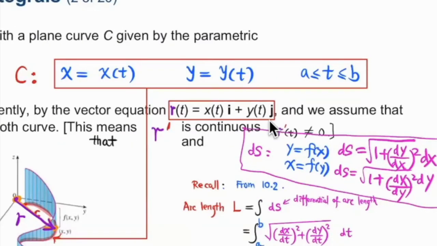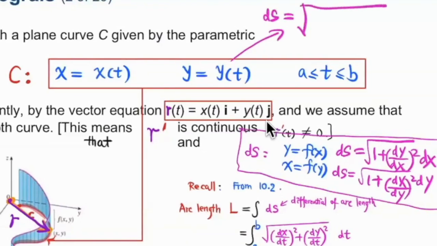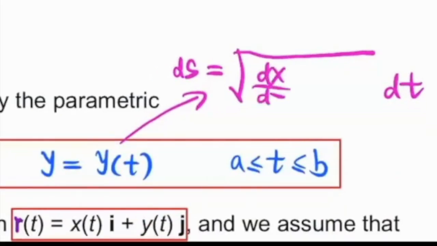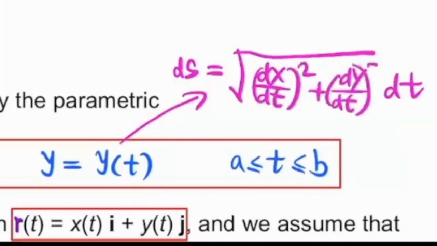And when it's a parametric equation, when you are given that x is a function of t and y is a function of t, then ds over here is going to be equal to, this time we put the dt outside, and then dx dt squared plus dy dt squared under the square root. It depends on what kind of curve you get.